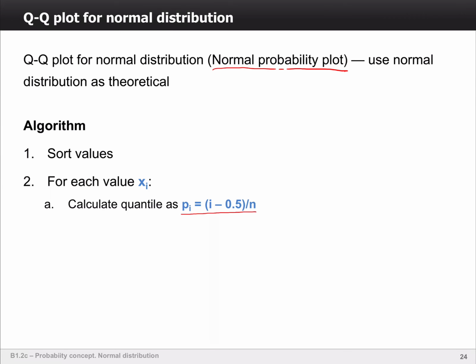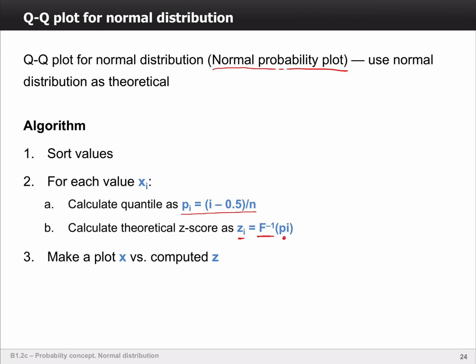And then, and that's where the theory comes from, we use the inverse cumulative distribution function and the calculated quantile value to get the theoretical z-score. So if these values indeed follow the theoretical distribution, how many standard deviations will this particular value with this particular quantile be above or below the average?